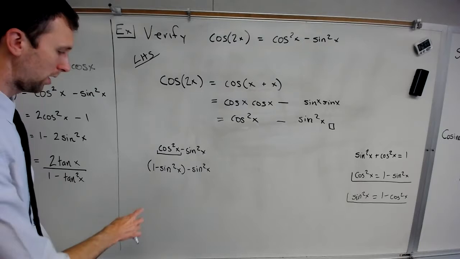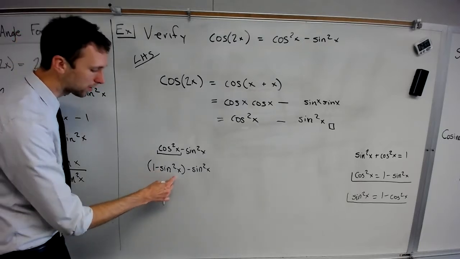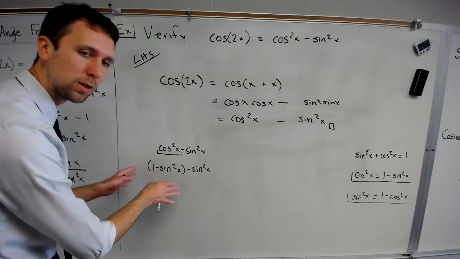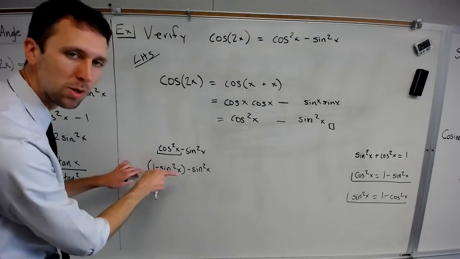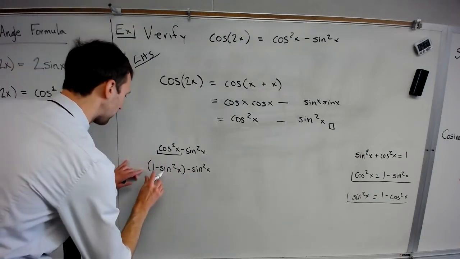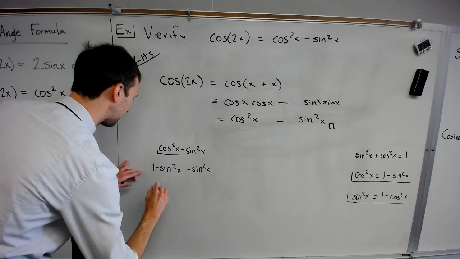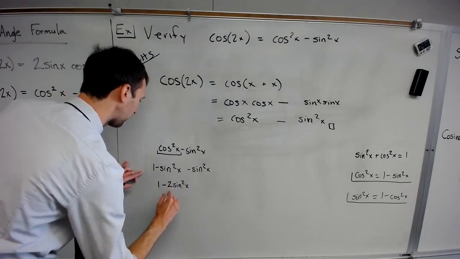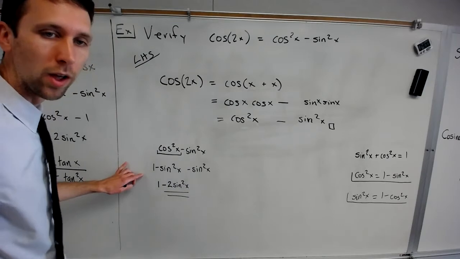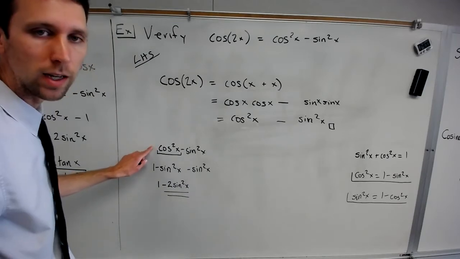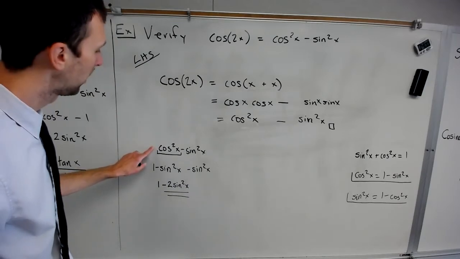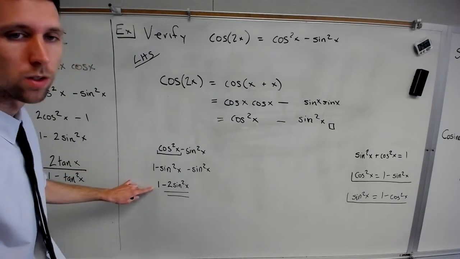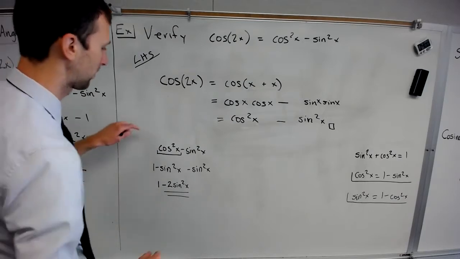And not only that, but combine like terms, because I got negative sine squared of x minus sine squared of x. So I can lose these parentheses because I don't have to distribute anything in there. Keep these. Okay, that is another way to rewrite this in an equivalent way. So cosine squared minus sine squared of x, that's equivalent to 1 minus 2 sine squared x.